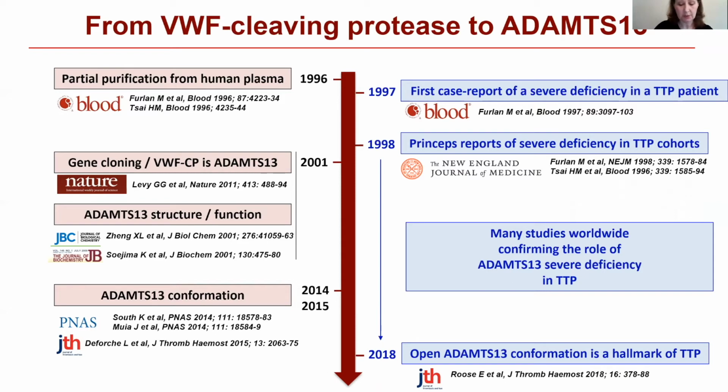During 20 years, many studies led by several groups worldwide confirmed the causal role of ADAMTS13 severe deficiency in TTP. Recently, in 2018, a step forward was done showing that, in addition to a severe deficiency, an open conformation of ADAMTS13 was a hallmark of TTP.